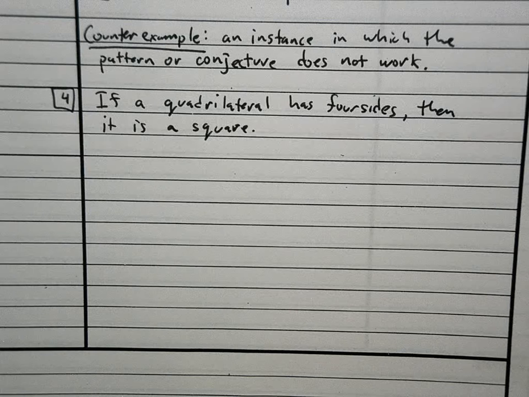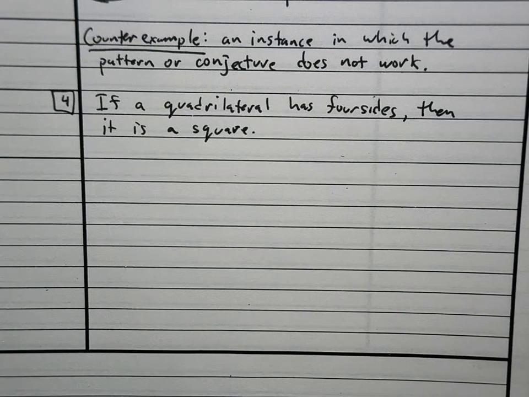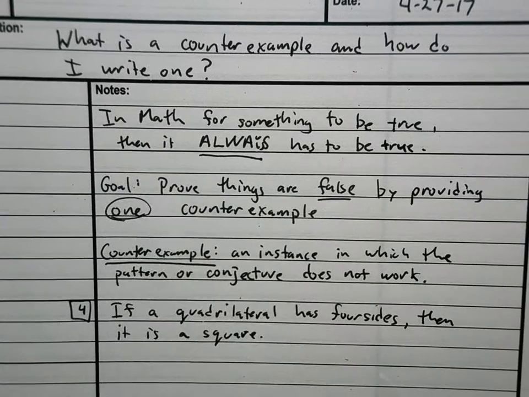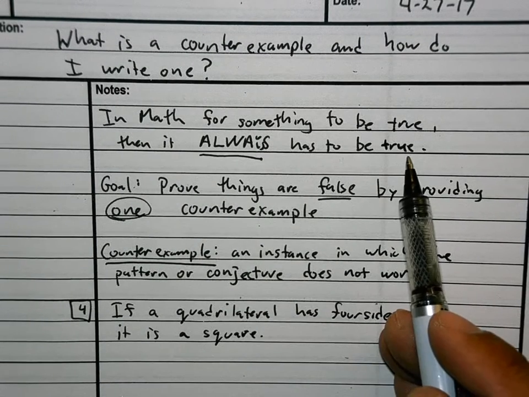Okay? So there's going to be a statement. This statement has a hypothesis and a conclusion. It has, if a quadrilateral has 4 sides, then it is a square. Now, what I started you with was this statement. In math, for something to be true, then it always has to be true.